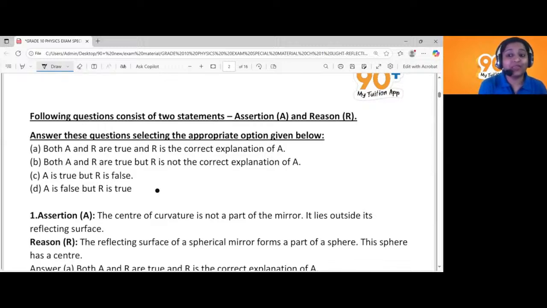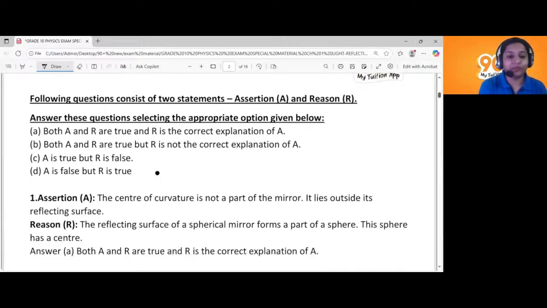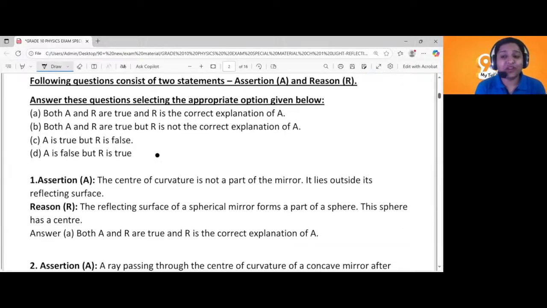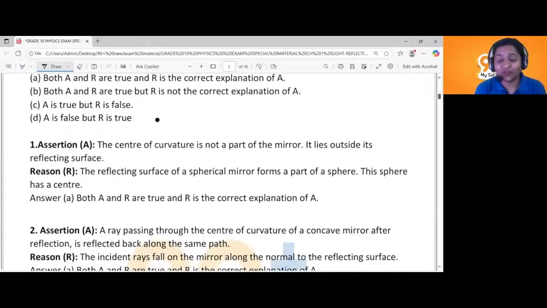Question number 1. The center of curvature is not a part of the mirror. It lies outside its reflecting surface. We already studied the center of curvature. It is not a part of the mirror, but it is a part of a sphere of which this mirror is a part.